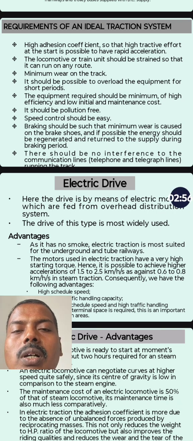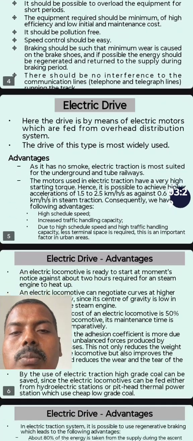The equipment required should have high efficiency, low initial and maintenance cost, and be pollution free. Speed control should be very easy. Braking is also very important. When braking is applied, minimum wear and tear should be caused to the brake shoes. These are the main requirements of the ideal traction system.